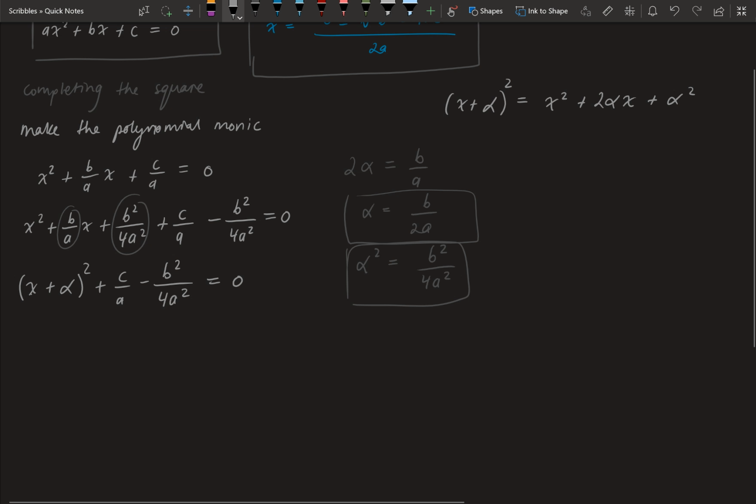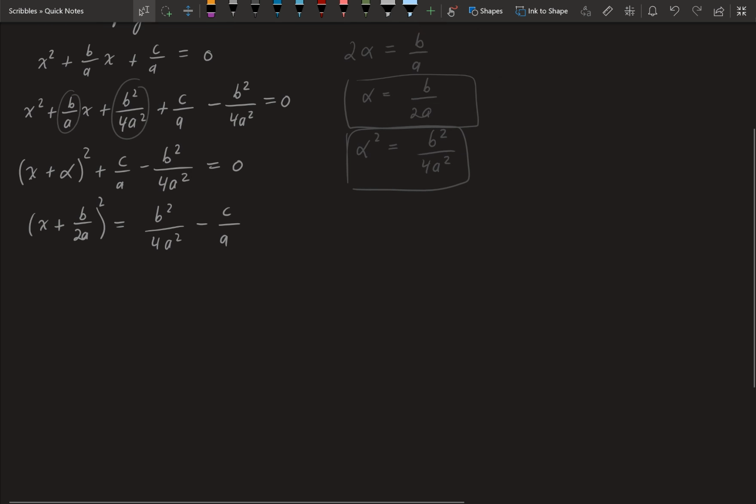Cool. Now let's move this stuff to the right hand side and substitute our value in for alpha. And that's squared, sorry. Then from there, we're going to turn this into one fraction.